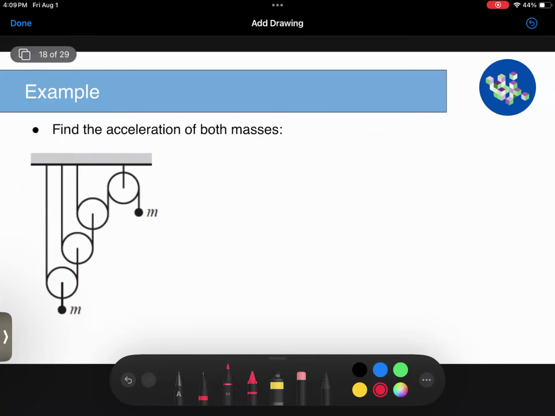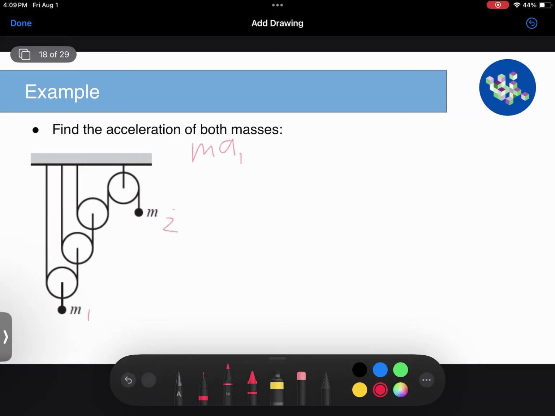Basically, the overall idea is you know the forces on each of them, and you have tension forces on each of them, right? Each of them just experiences gravity force downwards and tension force upwards. And now we want to relate the accelerations of these masses, right? Let's say this is m1, this is m2.